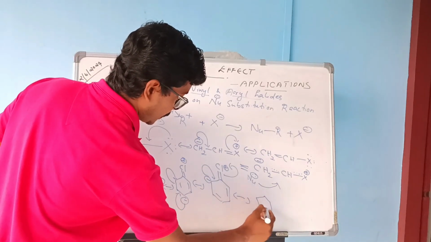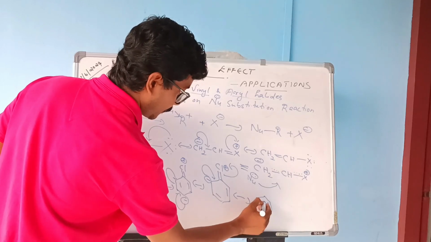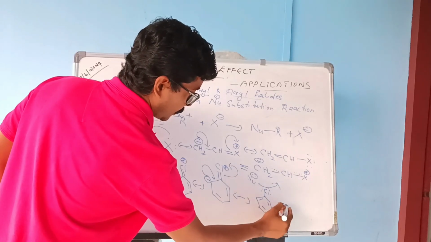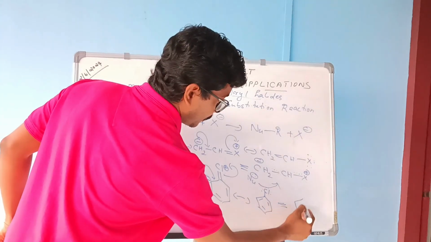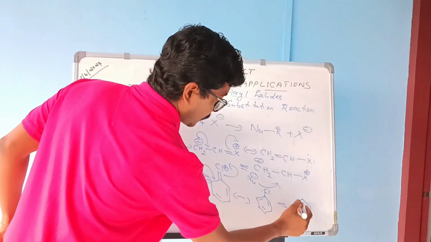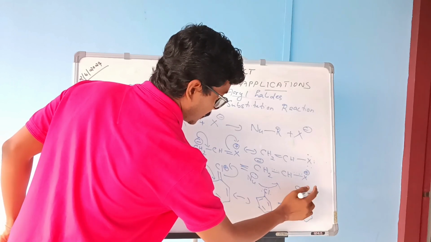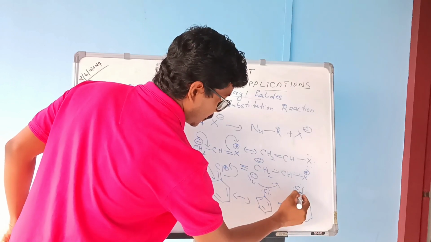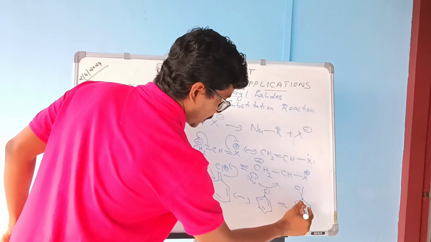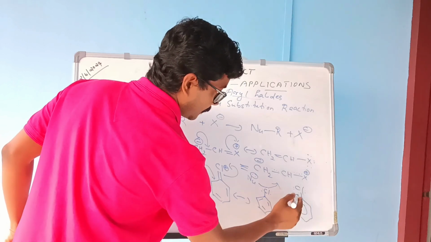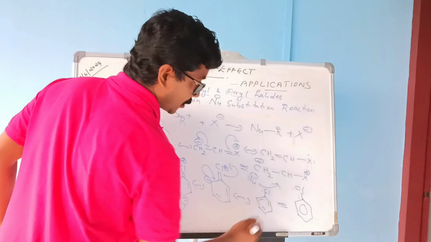So finally the compound will become Cl. The hybrid structure will become a partial double bond character, a partial double bond character between Cl and C.